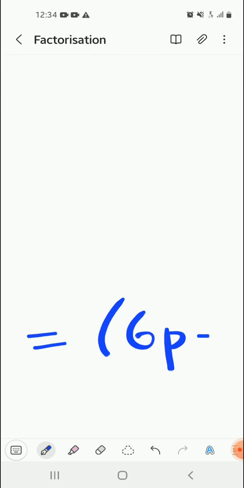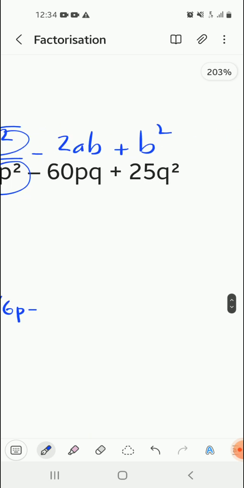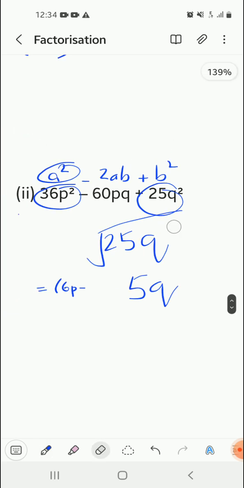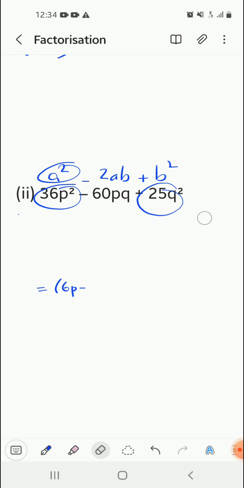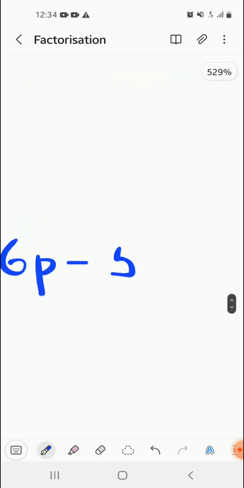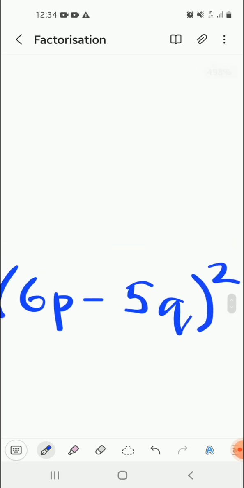So 6p minus, and b square over here is 25q square. So the square root of 25q square will be 5q. So this will be b. So we will write it here: minus 5q, and this is whole square.